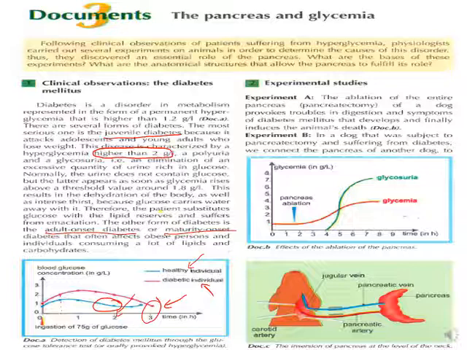In a dog, this provokes troubles in digestion and symptoms of diabetes mellitus that develop and finally induce the animal's death. In document B, experiment B, in a dog that was subject to pancreatectomy and suffering from diabetes, we connect the pancreas of another dog. Let's read. First step, before the pancreatic ablation, the level of glycemia was about 1 gram per liter.